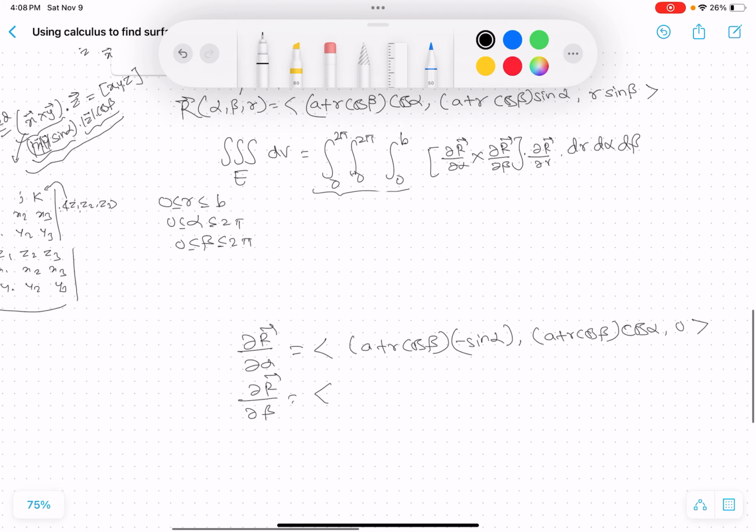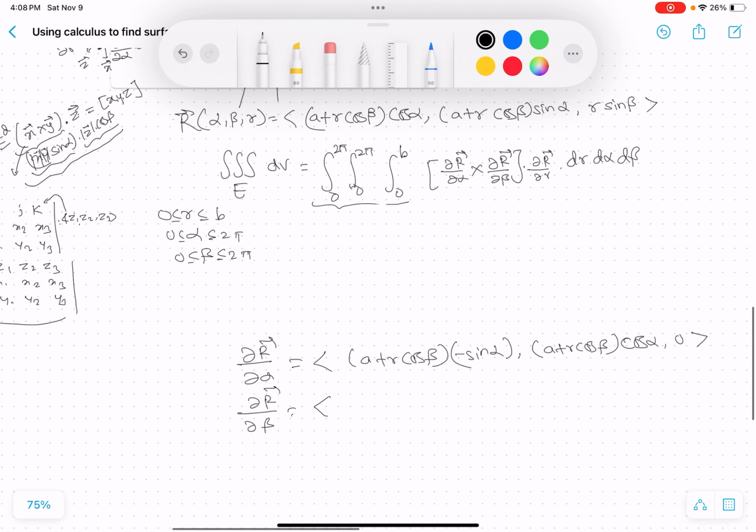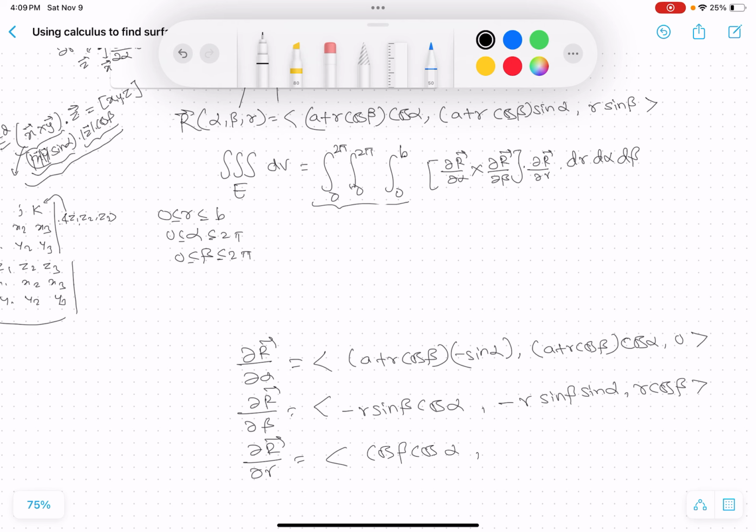So minus r sine beta cos alpha, comma, minus r sine beta sine alpha, comma, r cos beta. And dr with respect to r is just cos beta cos alpha, cos beta sine alpha, and now this is just sine beta, right?